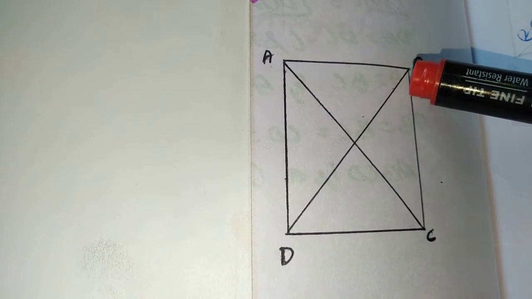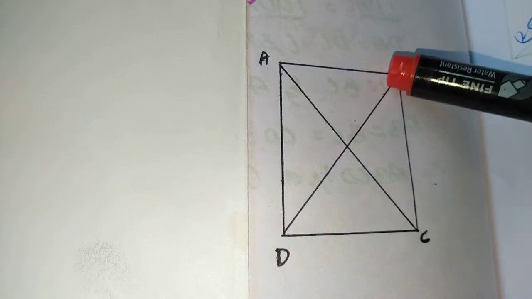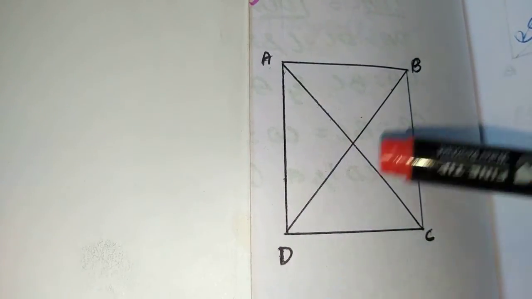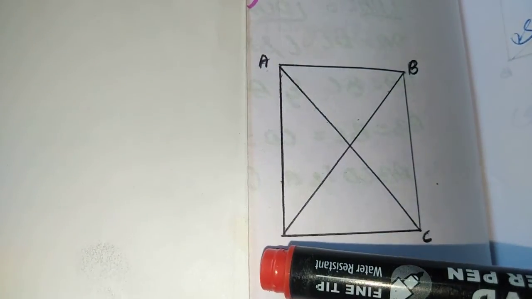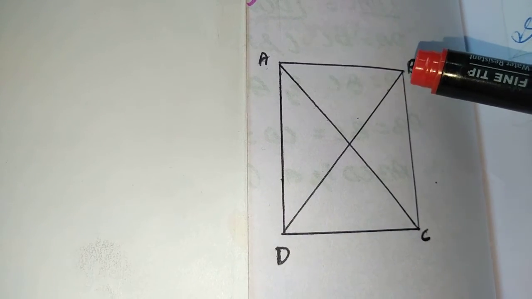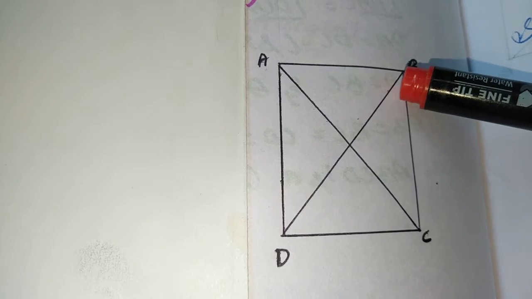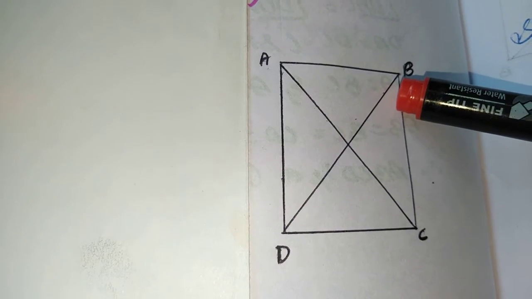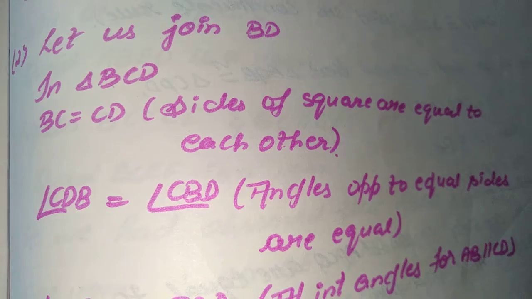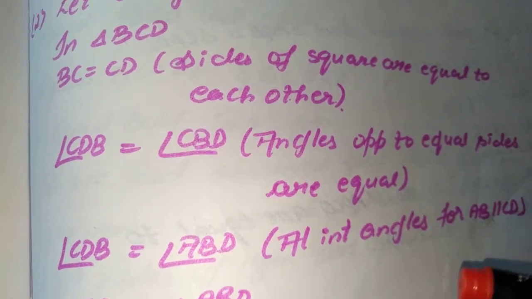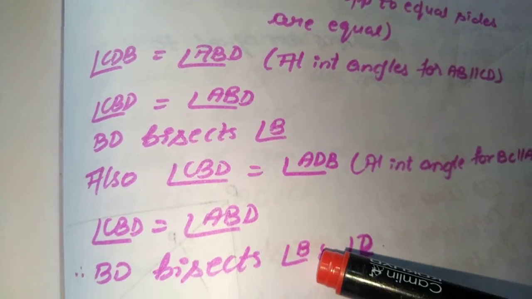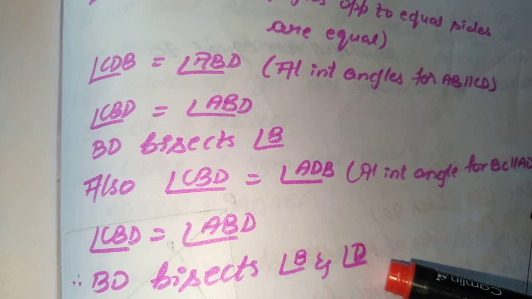Another side. Here, can you observe Z shape? If AD is parallel to BC, ADB is equal to DBC. Alternate angles are equal. Hence, we come to the conclusion that BD bisects angle B and angle D.